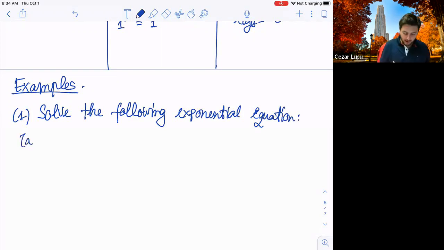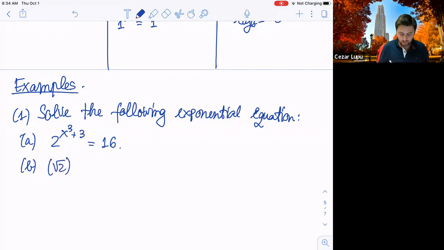Let's say part A. We would like to solve the following. 2 to the power x cubed plus 3 is the same as 16. The second one will be B. Let's say square root of 2, everything raised to the power x squared, will be equal to a to the power x over 4. All right, so let's solve these two.